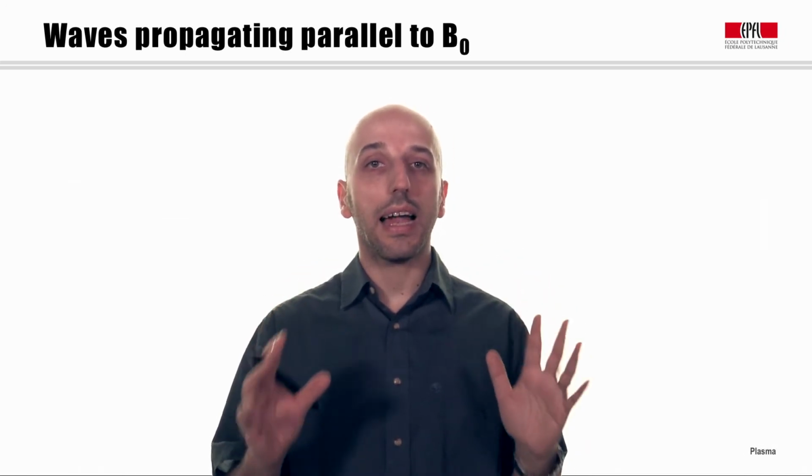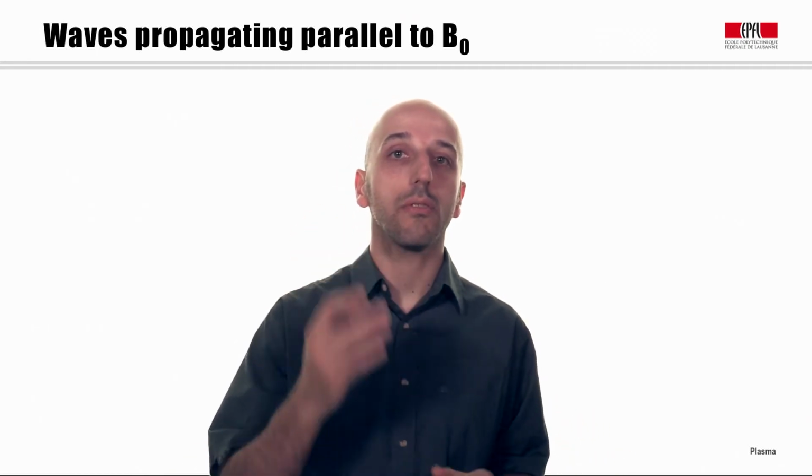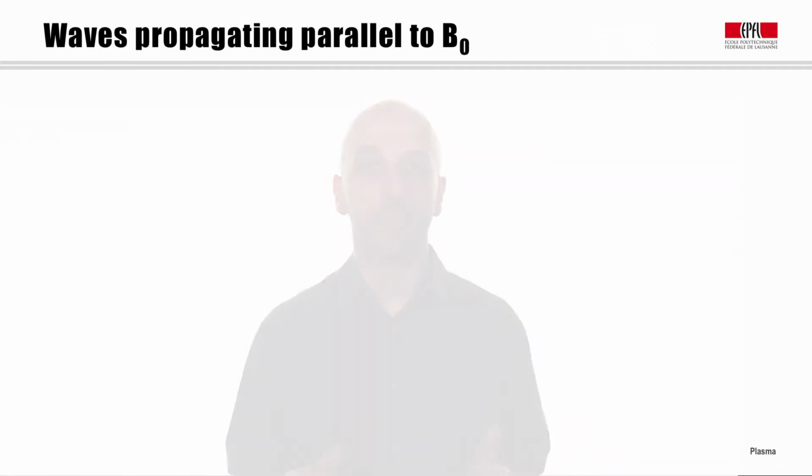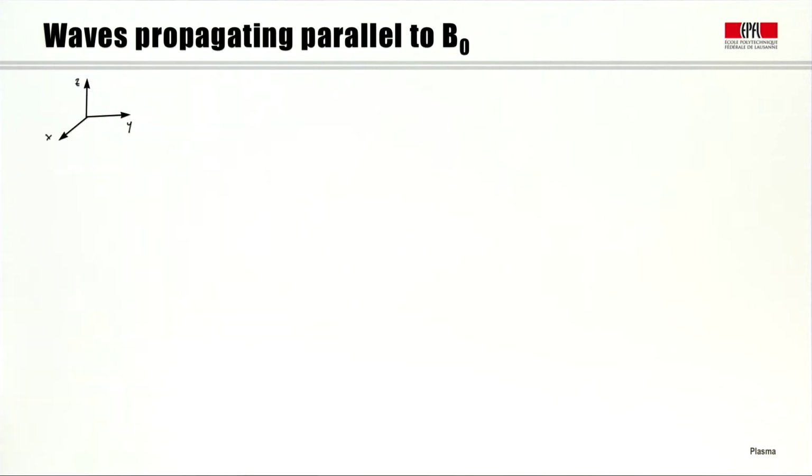We can start by analyzing the modes propagating parallel to the magnetic field. In three-dimensional space, the magnetic field is in the z direction, and the same for k.